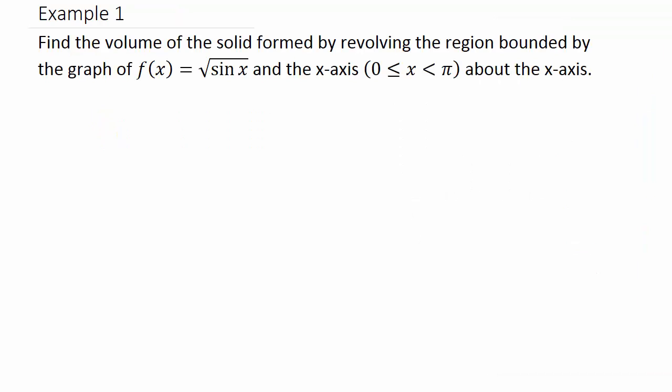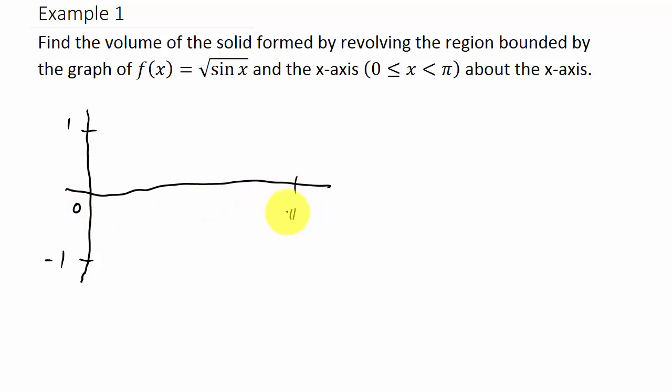In this first example, it says find the volume of the solid formed by revolving the region bounded by the graph of f of x equals the square root of sine x and the x-axis from 0 to pi about the x-axis. The first thing we need to do is draw a picture. Let's graph the square root of sine x from 0 to pi.